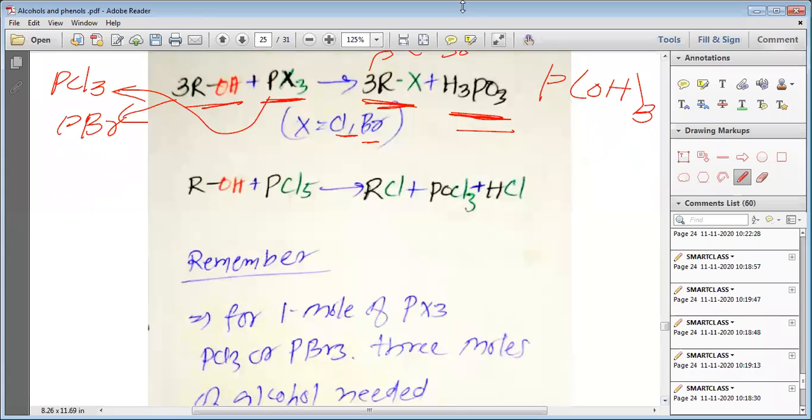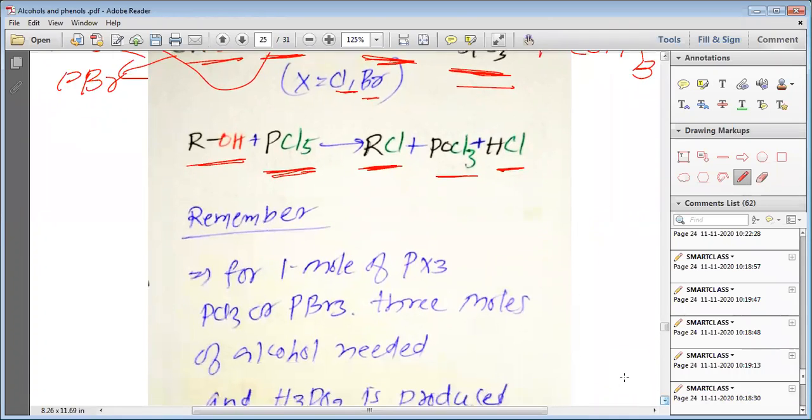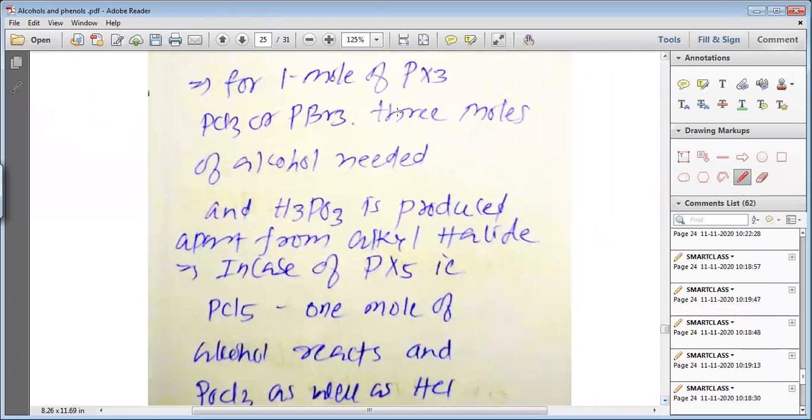Next, if you have ROH and PCl5, you get RCl, then POCl3 and HCl. So what we need to remember here is that for 1 mole of PX3, PCl3 or PBr3, 3 moles of alcohol are needed.